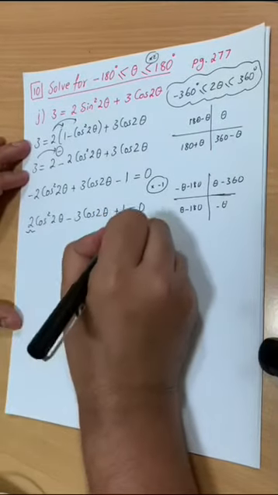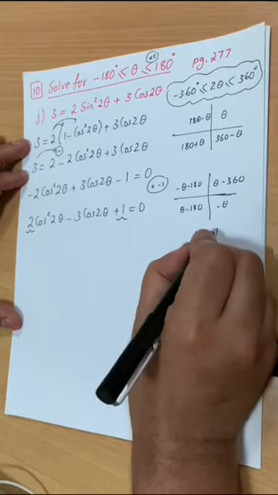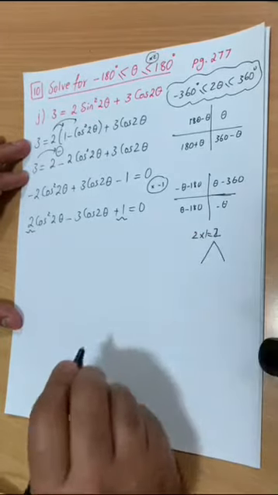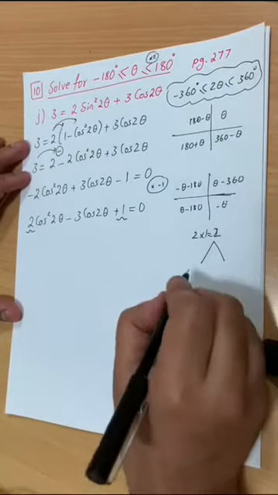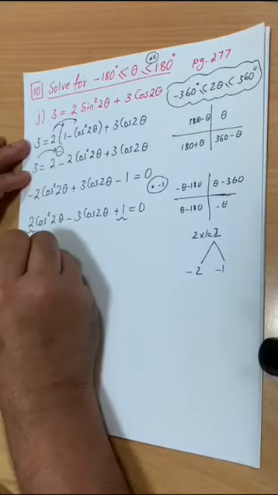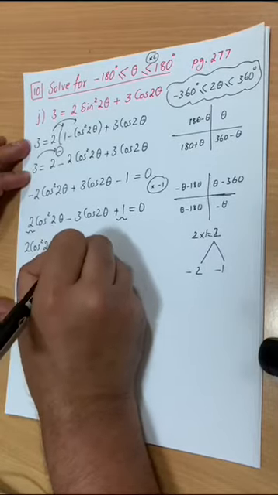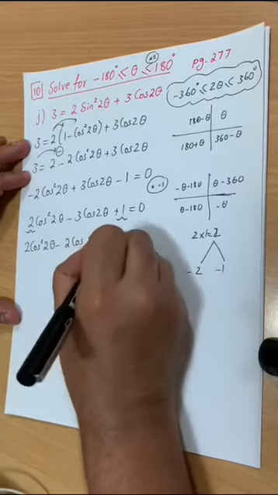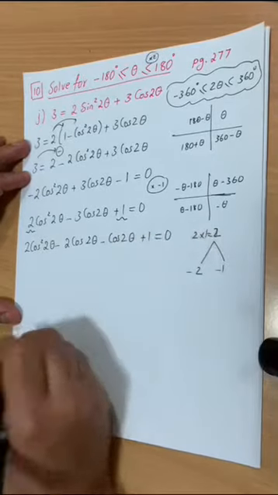First by the last, 2 times 1 is equal to 2. We need to factorize 2 into 2 numbers that give you the sum of 3. So 2 and 1, both of them will take the negative sign. 2 cosine squared of 2 theta minus 2 cosine of 2 theta minus 1 cosine 2 theta plus 1 equals 0.